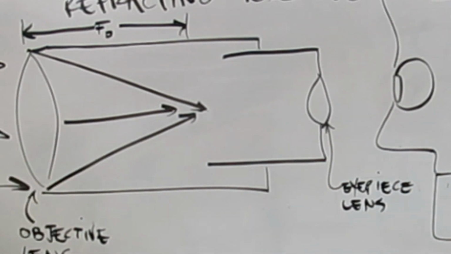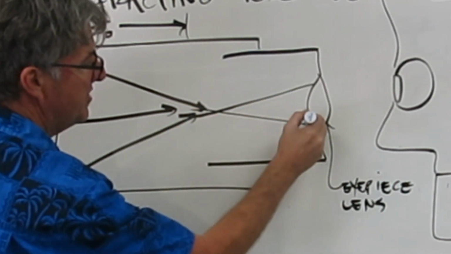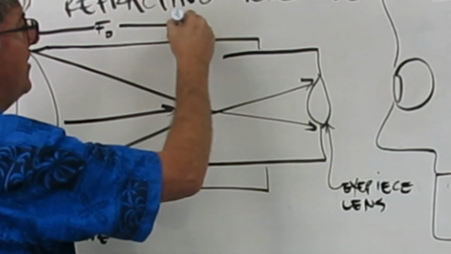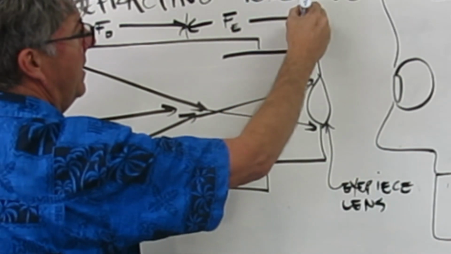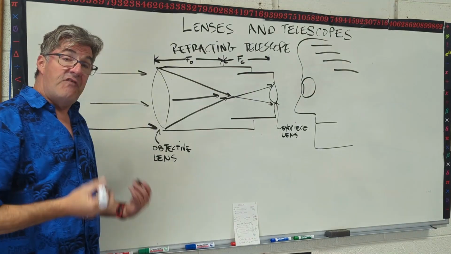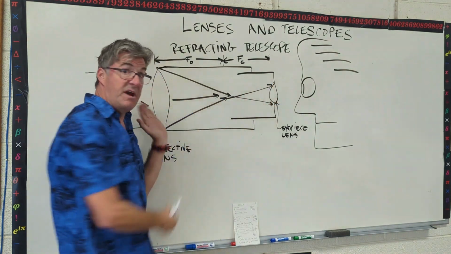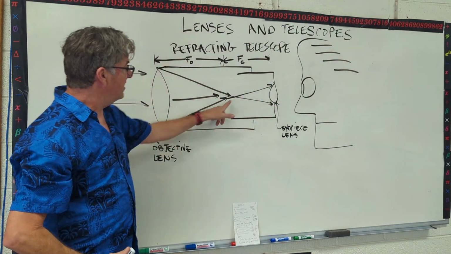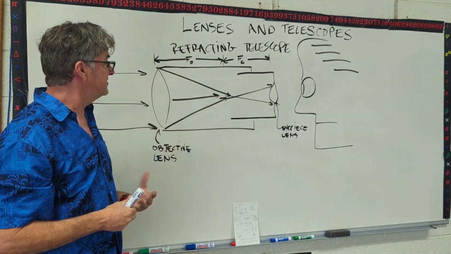And then the light rays are going to pass on through and they're going to come to the eyepiece lens, which also has a focal length, and we'll call that FE. And when you focus a telescope, you are moving these lenses with respect to each other so that you bring these two focal lengths to match up, and then your object is in focus.